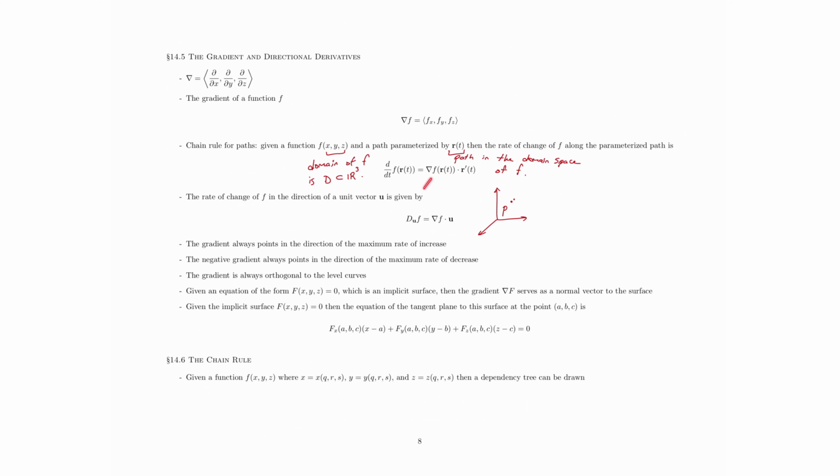So if this function represents maybe temperature in a room, and this r of t is the path a person takes walking through the room, then obviously if they are running through the room, so maybe your velocity here is very big, it's a long vector, then it will certainly mean that the person will experience a faster rate of change of temperature.